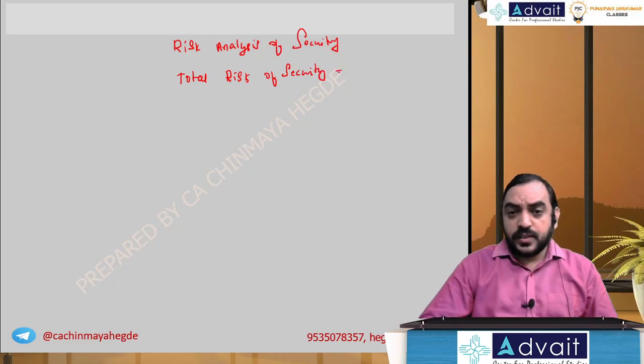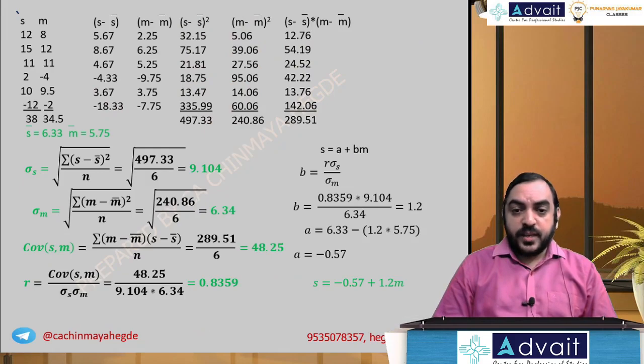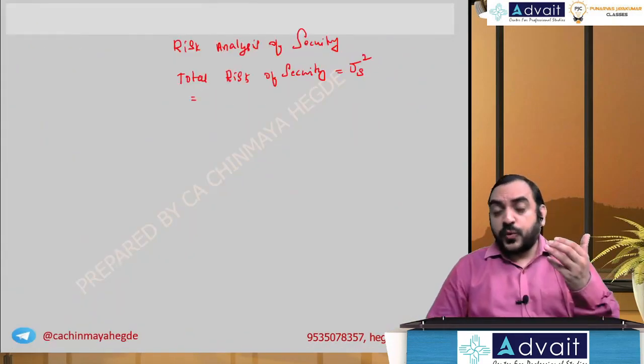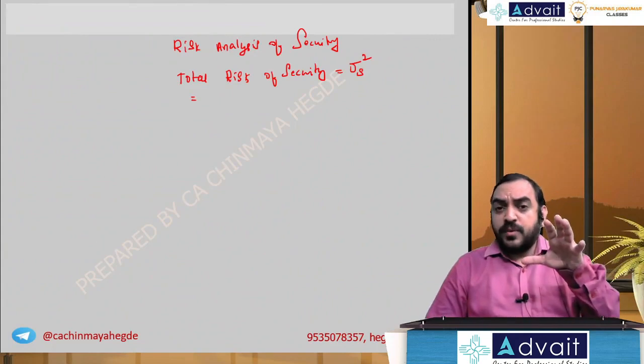That is going to be sigma s square. That is how much? 9.104 square. Why square? Basics you remember? Standard deviation is used for expression of risk.